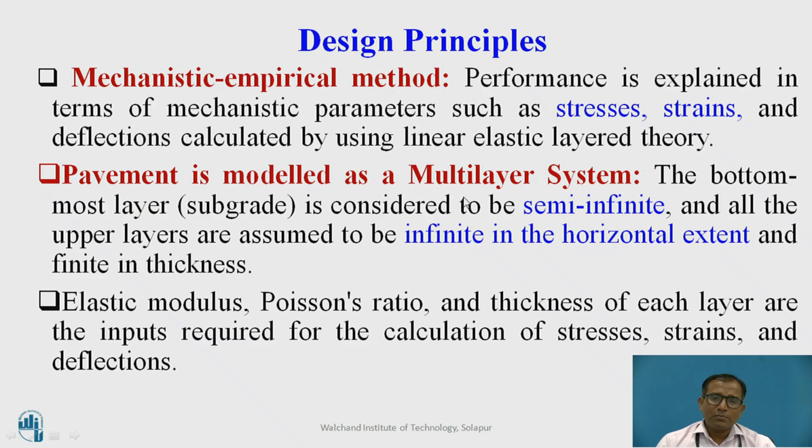And it is also considered as a multi-layered system. Here the subgrade is considered to be semi-infinite, considering the new layer or existing subgrade, and all other layers are infinite in the horizontal extent. All other layers, GSB, then wet mix macadam, then DBM and BC layers, are considered as finite in thickness.